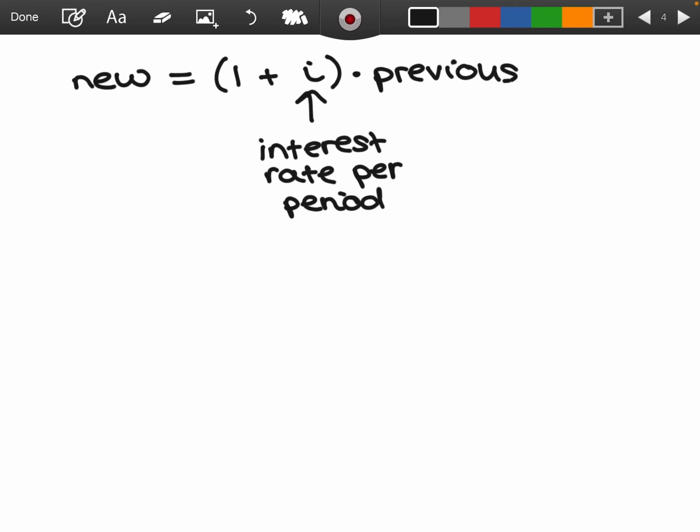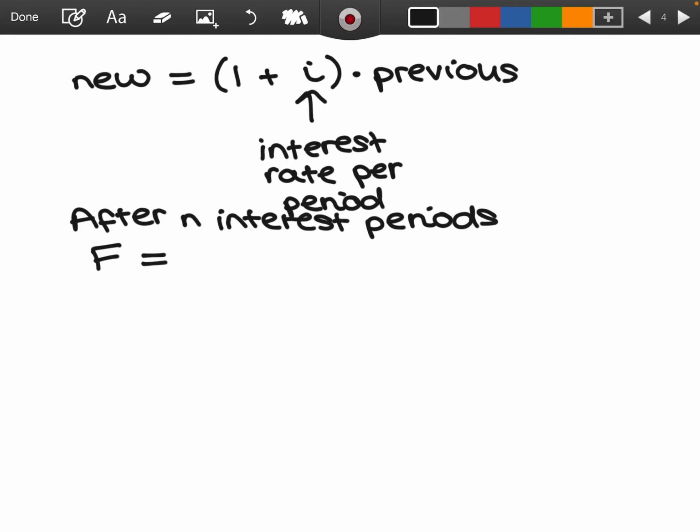So what I can actually say is that to get my future value, we'll call it F, after n interest periods, that future value, F, that next value that I'm looking for, is 1 plus I to the n, because I'm multiplying by that 1 plus I n times on my principal value.